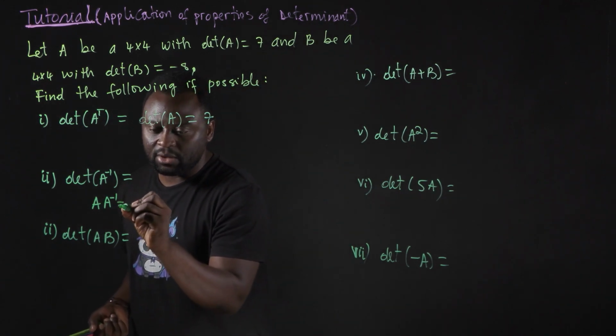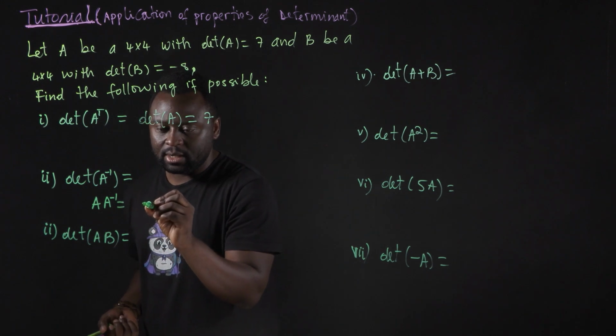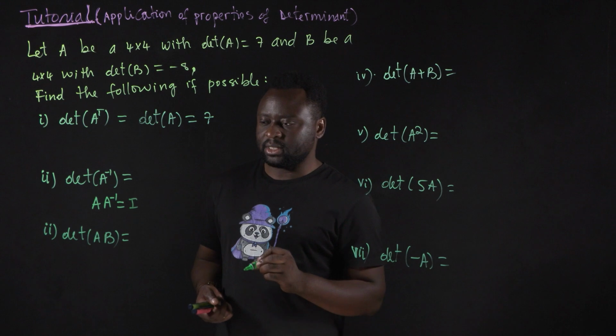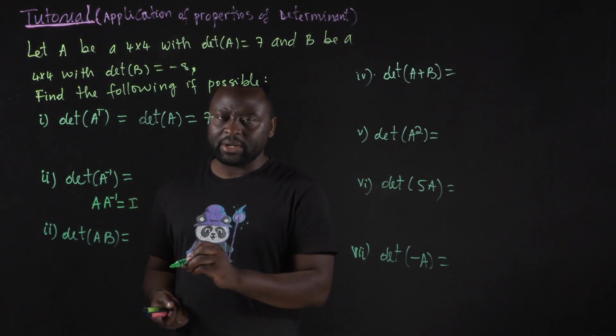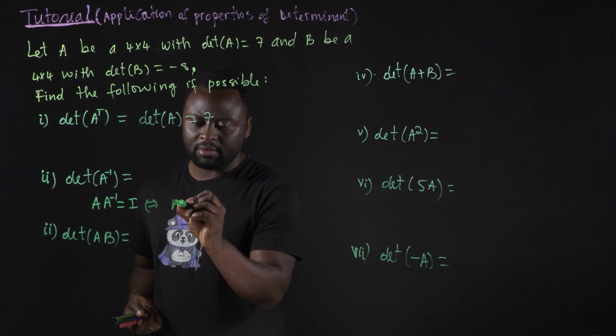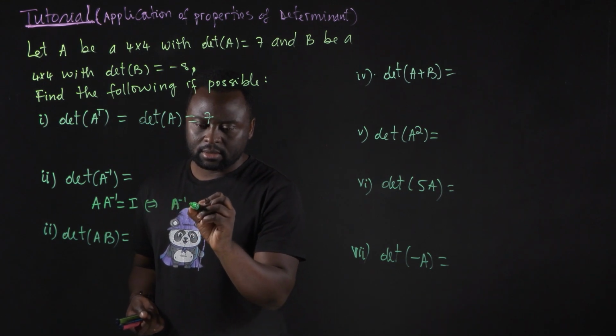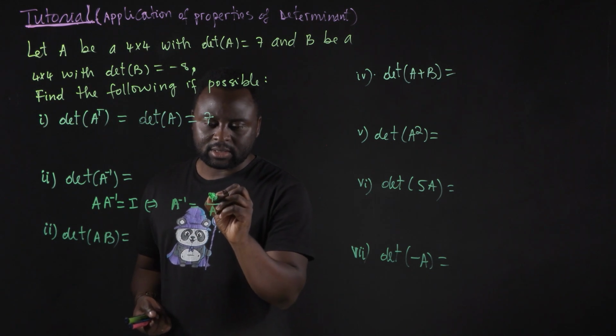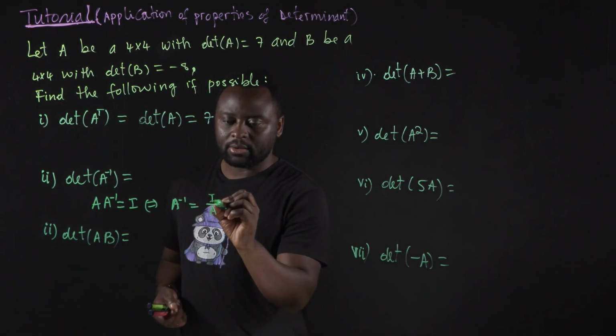So in this case, if we multiply this, we have the identity, right? If we divide this by the matrix A, this is equivalent to A inverse equal to 1 over A. When I say 1, it's just like the matrix I, right?